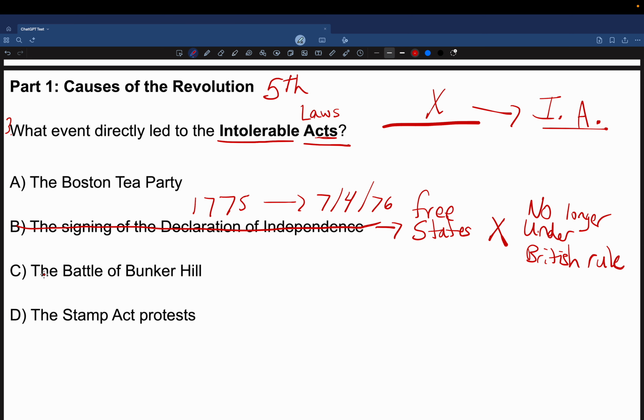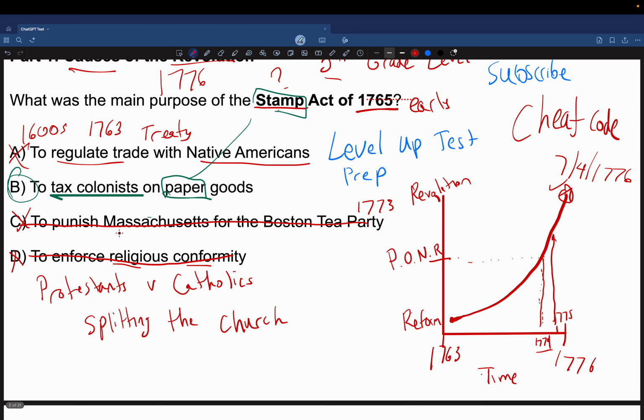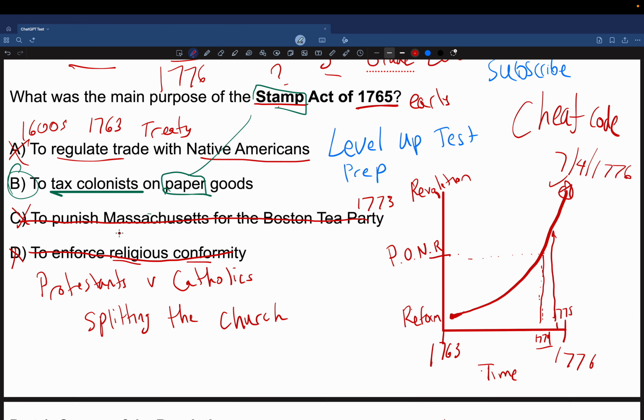Okay, the Boston Tea Party, the Battle of Bunker Hill, the Stamp Act protest. Well, I would say these two kind of go hand in hand. Even if I don't know when the Battle of Bunker Hill is, I can just imagine that at this point the war has popped off. And if we recall back to our first question, and if you did not see this, please watch, we know that 1763 was a reform effort. By 1776, the revolution was underway.